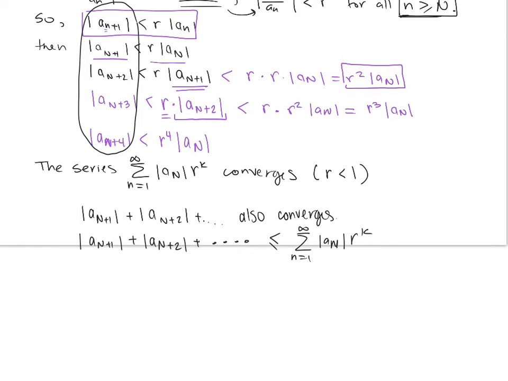Does that make sense? Because we have A sub N plus 1 is less than that first term, and A sub N plus 2 is less than the second term, etc. And what this thing is, that's a sum from n equals capital N plus 1 to infinity of the absolute value of just your A sub n's. Does that make sense? And so this thing converges by comparison, right?